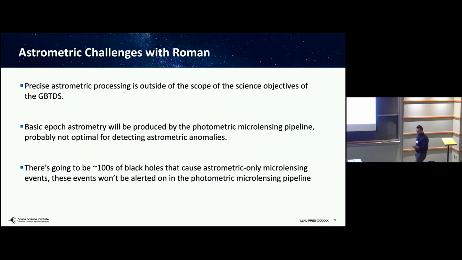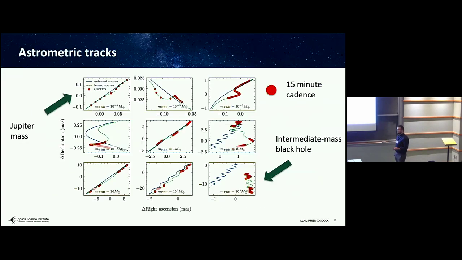You just put the companion farther and farther away, and the binary signal gets bigger and bigger. I actually didn't realize until your talk that you could have astrometric-only candidates to begin with, but sifting through the much larger sea of binaries will definitely take a lot of work. Yeah, for sure.